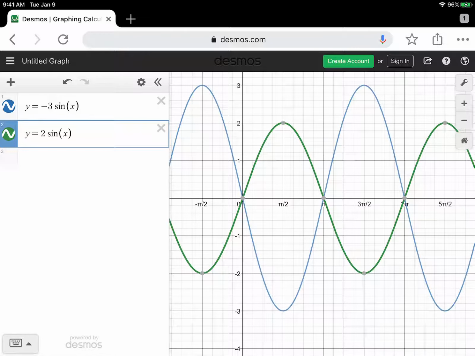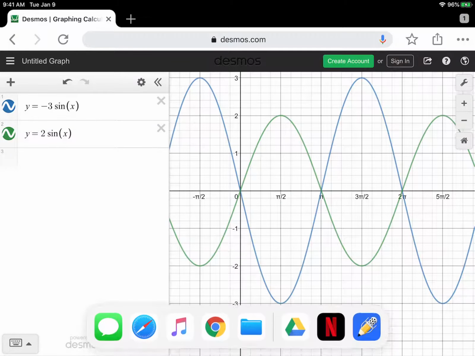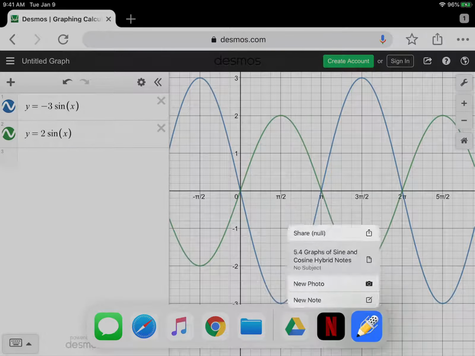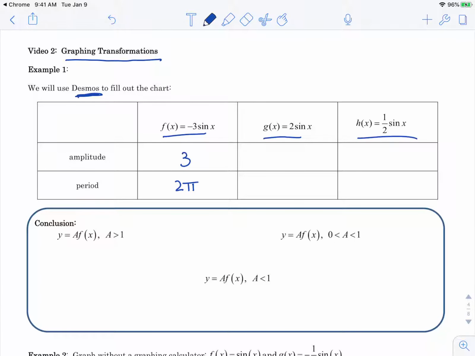And the height it goes to, if I select that point, is 2. And let's talk about the period for the green graph as well. I start here, I go up the roller coaster, hit it again, come down, hit it, and I start this cycle all over again, starting at 2 pi. So my amplitude is 2, period 2 pi.